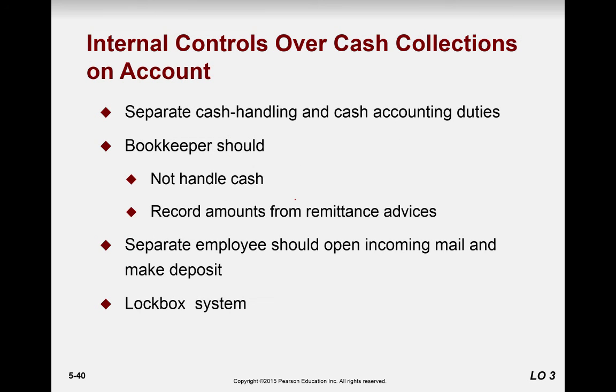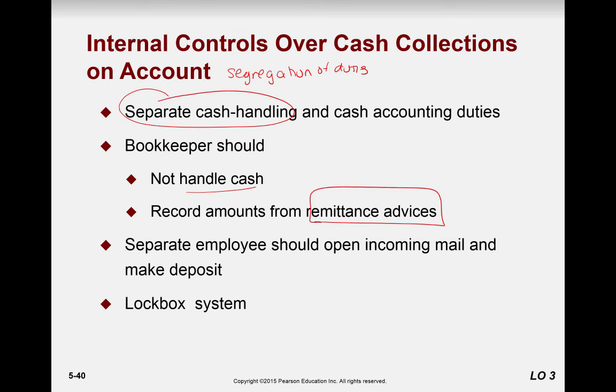So now we have our internal controls over cash, right? Remember we said previously that we needed separate cash handling. We had segregation of duties from our last lecture. Basically, if you're the bookkeeper and you handle cash, you shouldn't record the remittance advices.